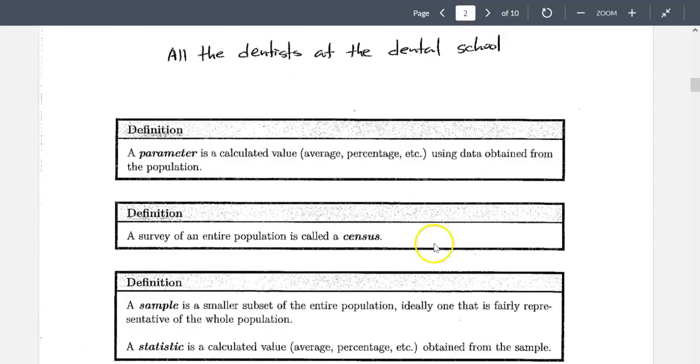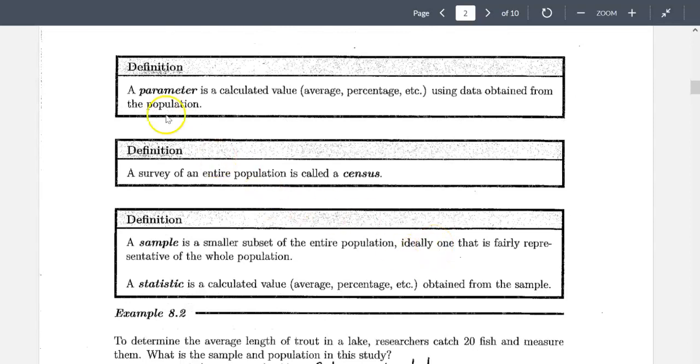Now you know the difference between parameter and statistic. A parameter is a numerical value that describes your population, while a statistic is a numerical value that describes a sample. For example, we can say the students at the entire college have an average GPA of 3.2.